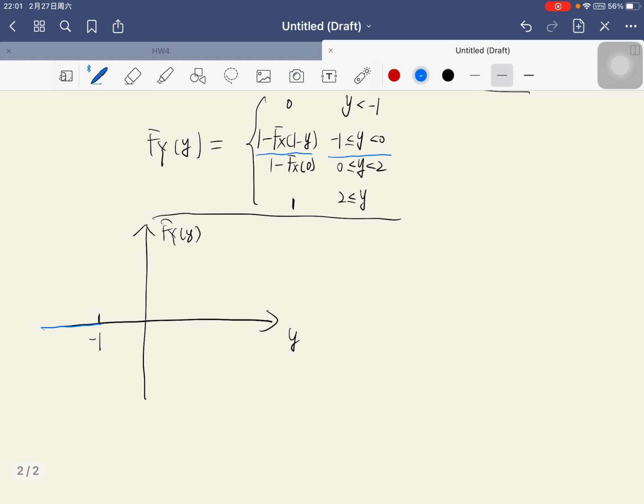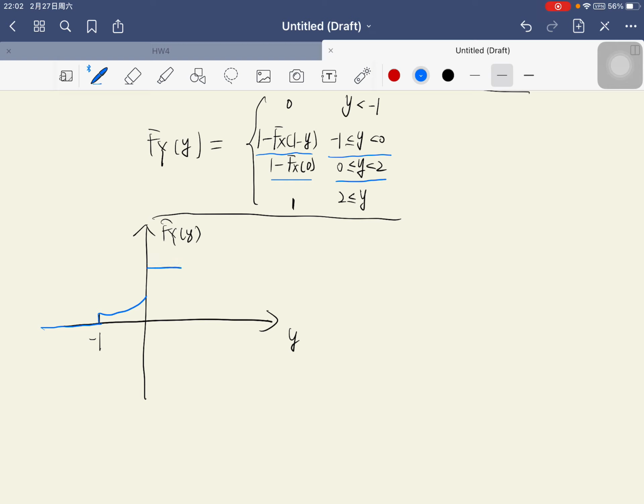It is like a curve, and in the interval from 0 to 2, it is the value of 1 minus the distribution function of x at value 0.